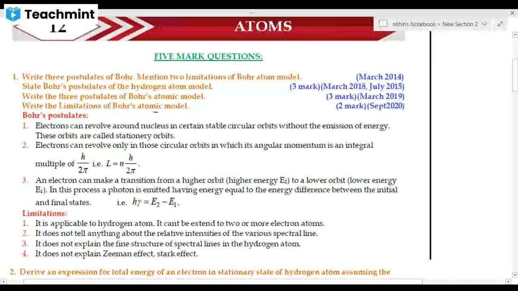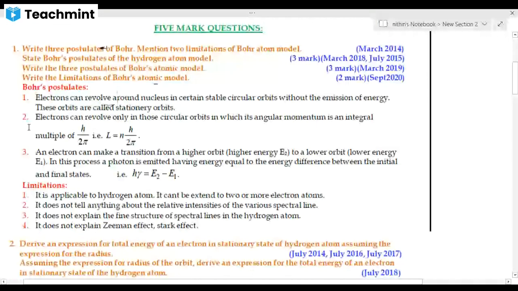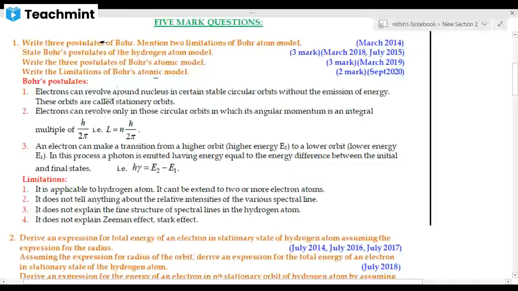Now see what the answer is. Bohr's postulates: the first postulate is that an electron can revolve around the nucleus in certain stable circular orbits without the emission of energy.